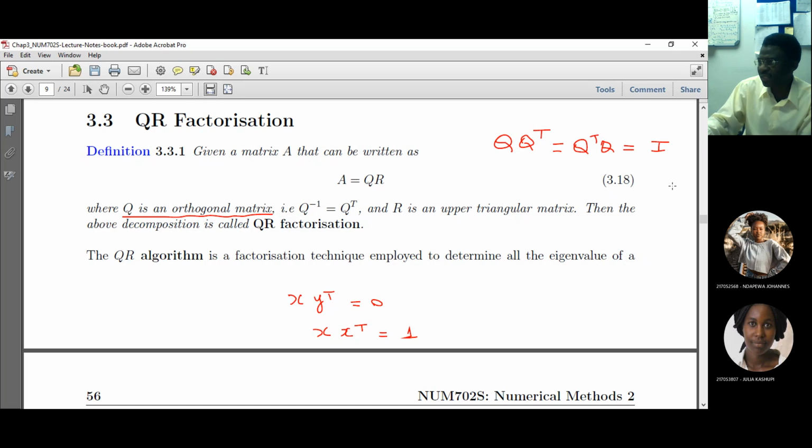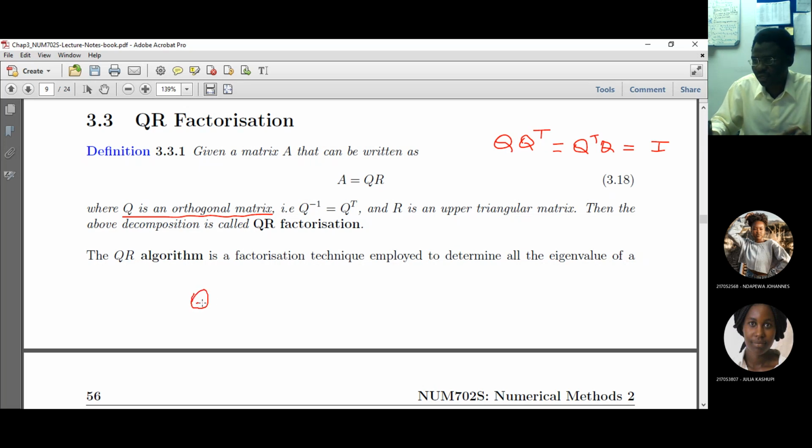You have 1 along the diagonal. That means, okay, let me explain. It comes from here. That orthogonal is a bit related to this, but you can't see it directly. Remember that Q here is a matrix.